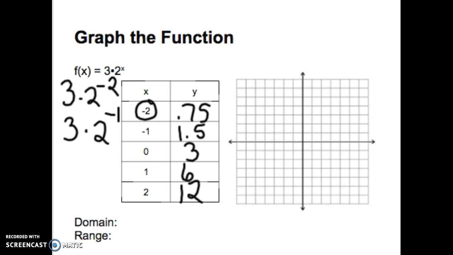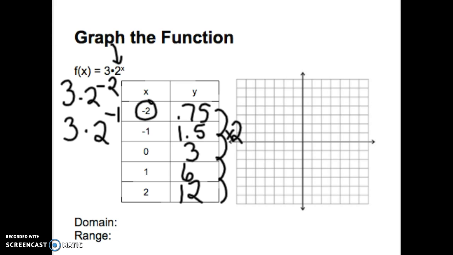Notice that each y value is actually being doubled from the one previous. We're going to see that that's what that value actually does. It tells us how quickly something is increasing or decreasing. The value up here says 2, which means it's doubling each and every time.